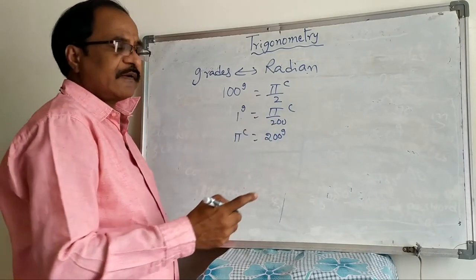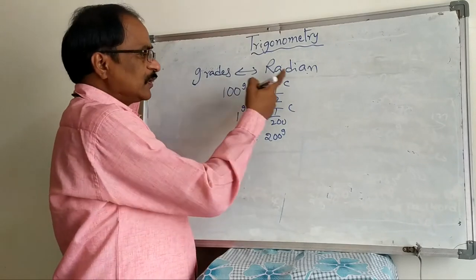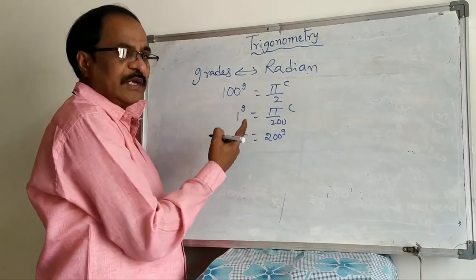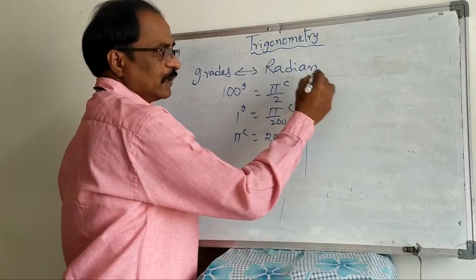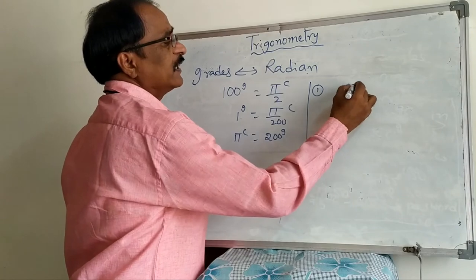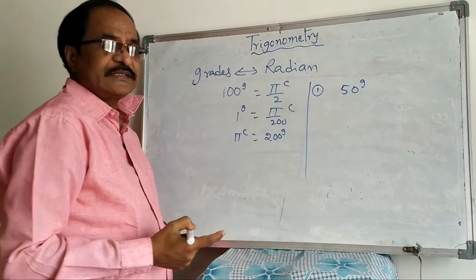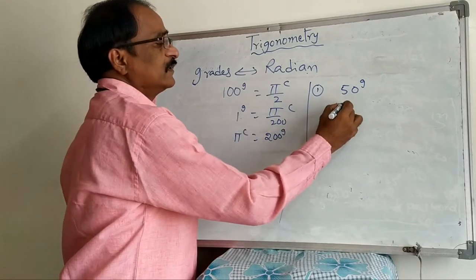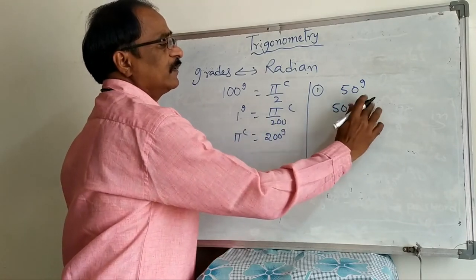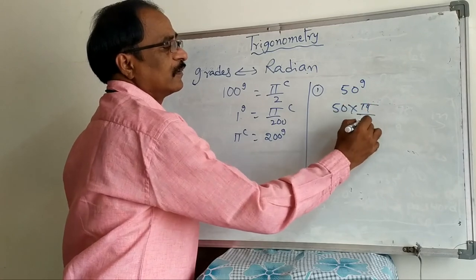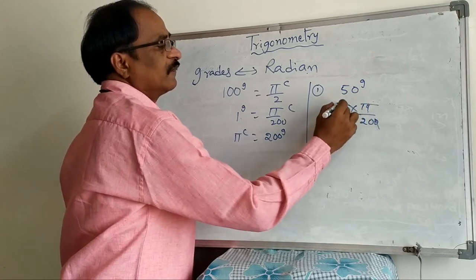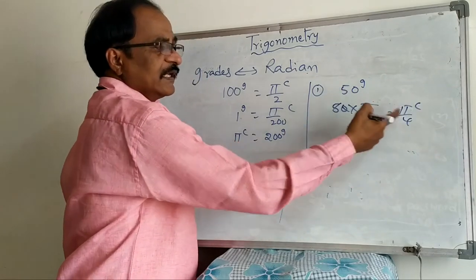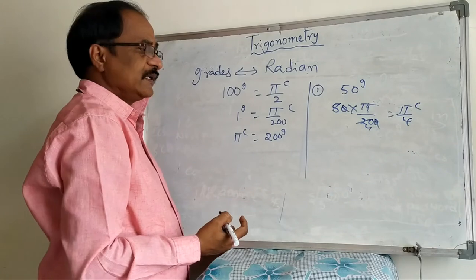If we have to convert grades to radians, multiply the given grades with pi by 200. For example, to convert 50 grades into radians, multiply 50 grades with pi by 200, that is 50 into pi by 200. Cancel the zeros, 5 ones are 5, 5 fours are 20, that is pi by 4 radians. So 50 grades is equal to pi by 4 radians.